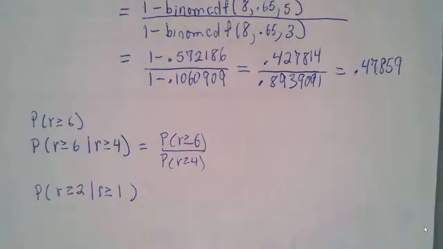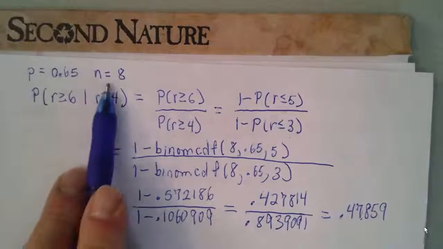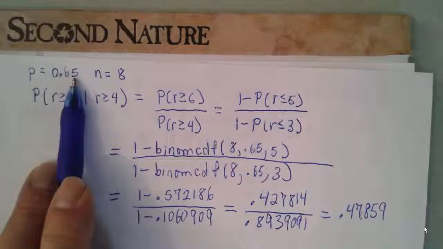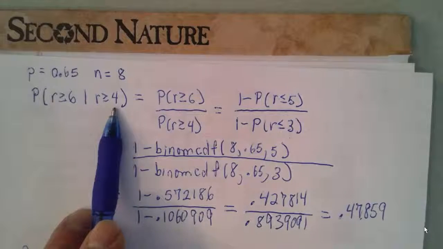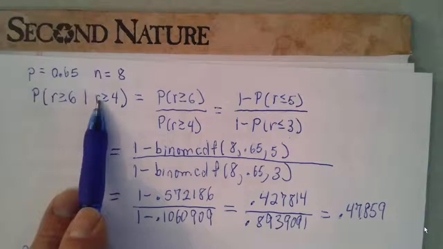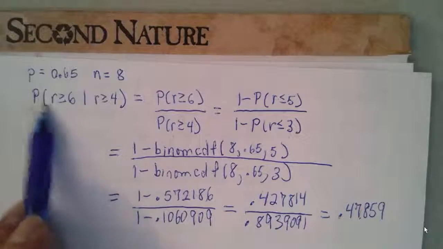You could look at this, say, in the stock market. What's the probability that in the next 8 years we'll make a profit? If the probability of profit is 65% in any given year, but by some reason we know, or at least that we're going to assume, that over the next 8 years we will have 4 profitable years. Well, if we know that we're going to have 4 profitable years, what's the probability that we'll get at least 6?